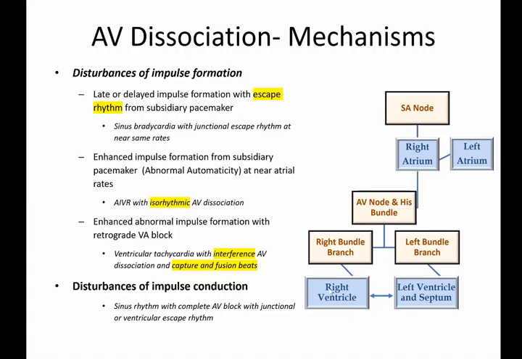This will result in AV dissociation because the ventricular rhythm is then maintained by the ventricular tachycardia focus, whereas the atrial rhythm will be maintained by the sinus node. So these are the different mechanisms of AV dissociation, with these examples.